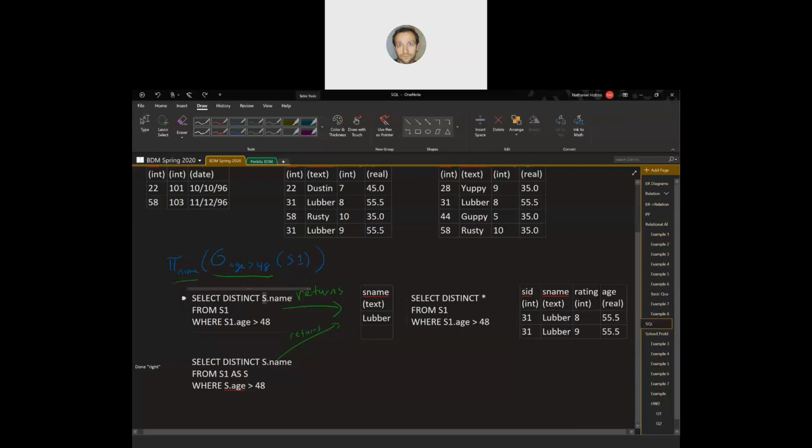Here, when you're returning just the S name, then you only get the one looper back, and it doesn't matter which one, because of the set reason that I was just speaking about. Okay, so yeah, thank you guys for that. Other questions about this? No. Okay.